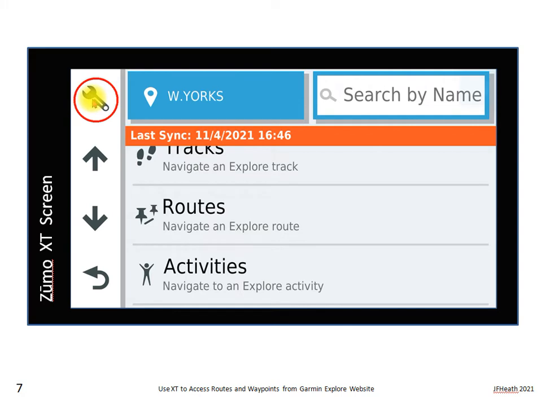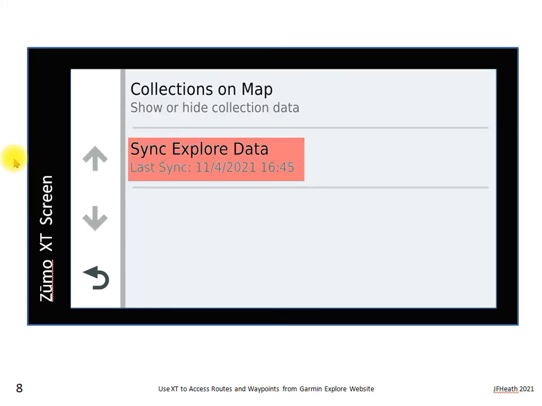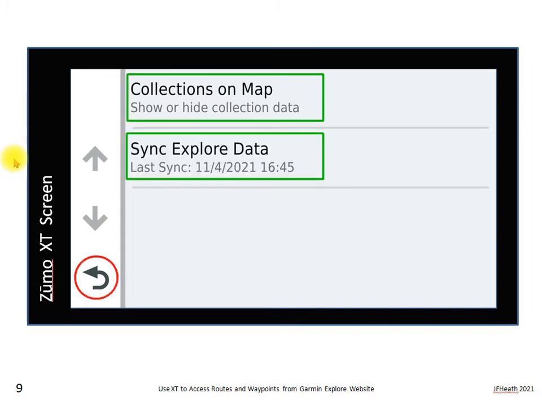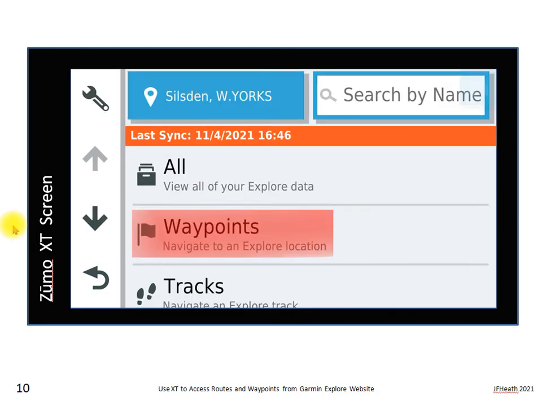So we'll click on the Tools and we'll just make sure that it's up to date. And there are two items that we want to look at: the collections and syncing again, and notice the date and the time. That doesn't mean anything because that's when I did it, not when you're watching it, obviously.